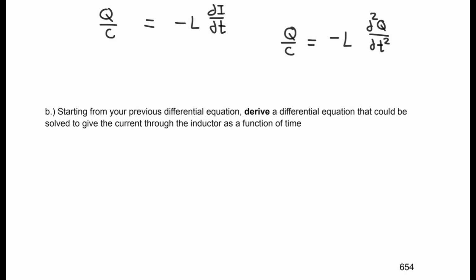Or if we wanted to rewrite this in the format that we were told to expect, we could get the representative equation that the second derivative of Q is equal to negative 1 over LC times Q itself.